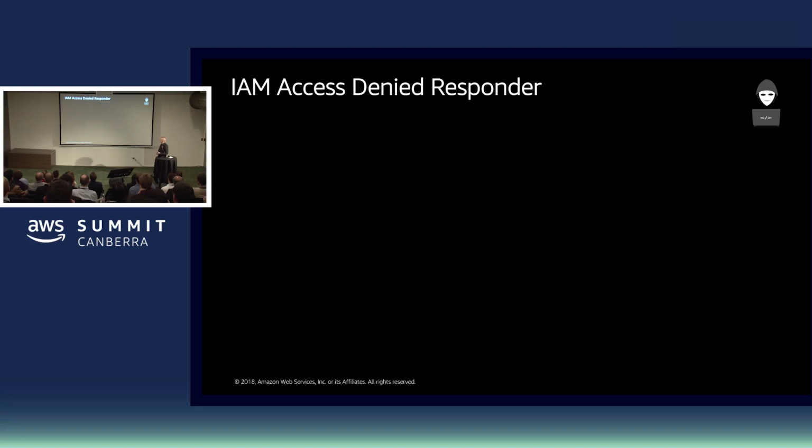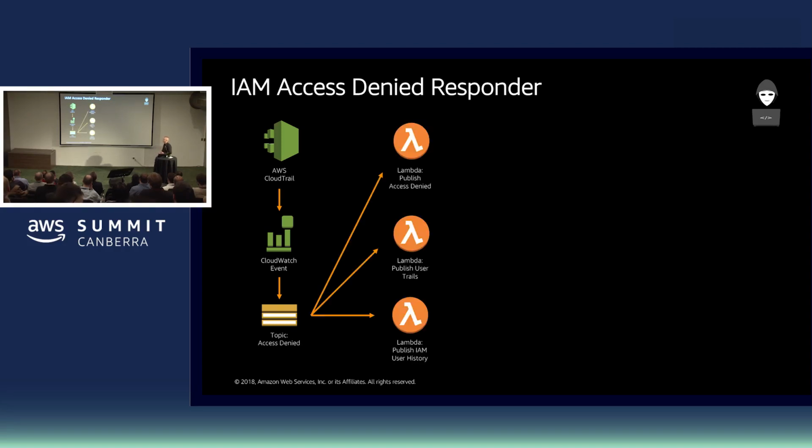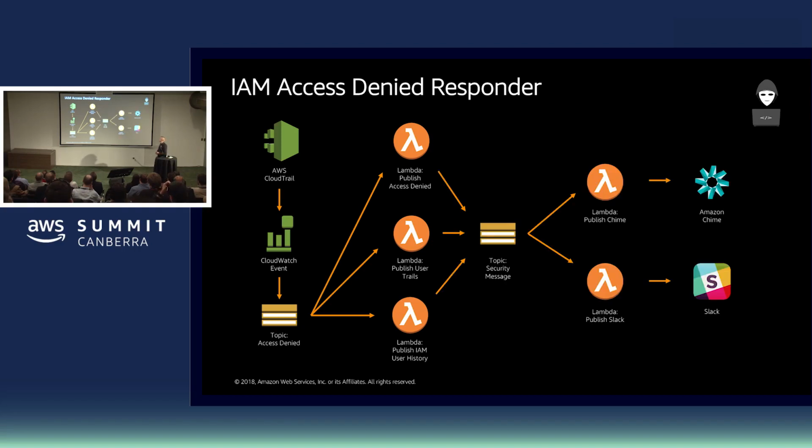So this is the access denied responder that's out there in GitHub that I'll be doing a quick demo of. We've got CloudTrail logs, all the API activity in an AWS account. We have a CloudWatch event that triggers an SNS topic that is then subscribed to by a number of Lambda functions. These Lambda functions do the publish to a Slack or Chime channel.